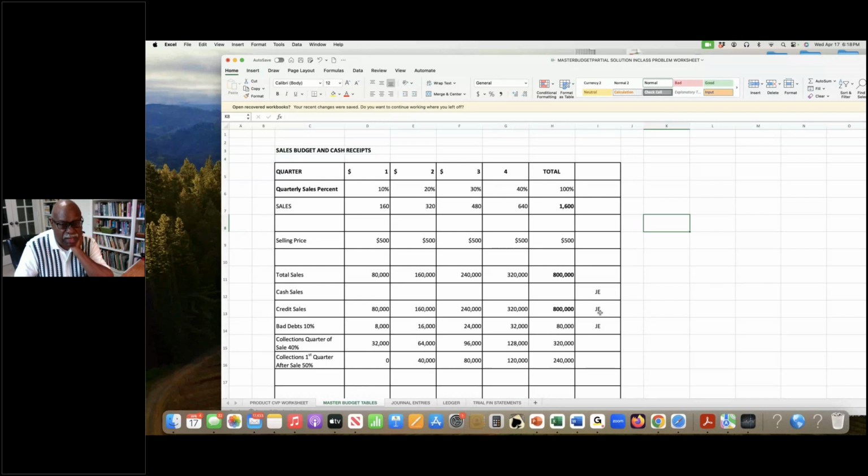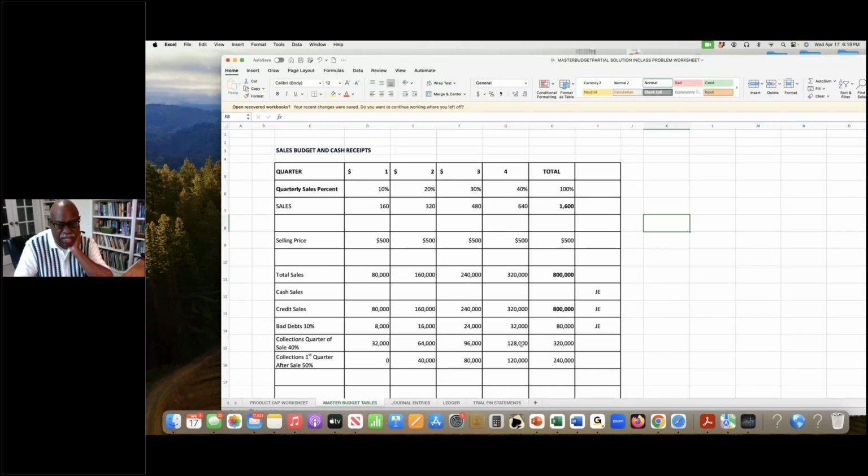The bad debts was 10%. Our journal entry is always that total, 80,000. We said we were going to collect 40% in the quarter of sale and 50% in the quarter after sale. In the quarter of sale, 40% of 80 is 32, 40% of 160 is 64, 40% of 240 is 96, and 40% of 320 is 128.